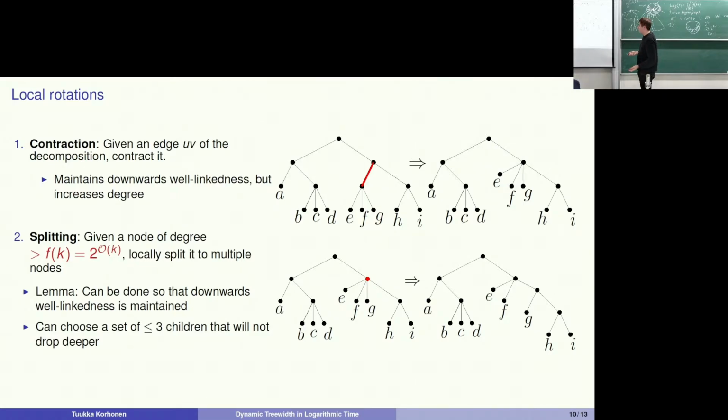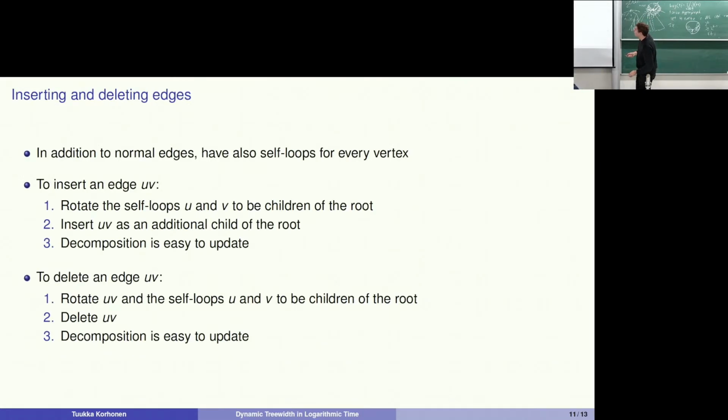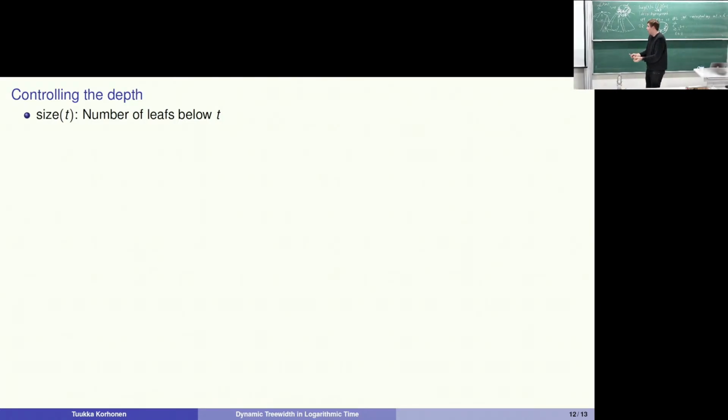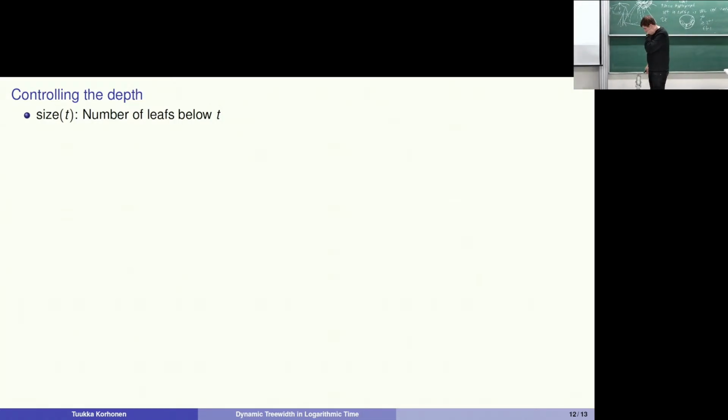We still have to control the depth of the decomposition. We want to have logarithmic depth, in particular because rotating to the root, of course, takes at least log n time for sure. And it can be done with log n, or 2 to the k times log n, operations.